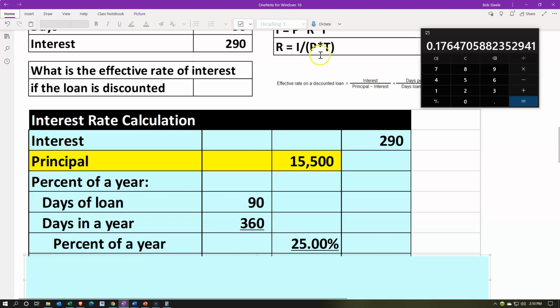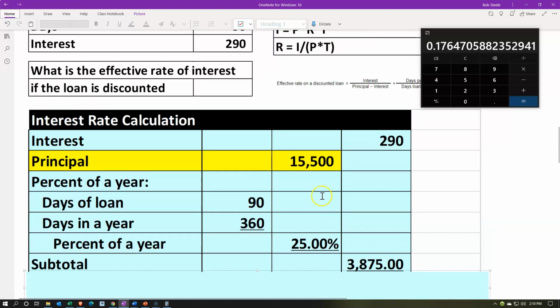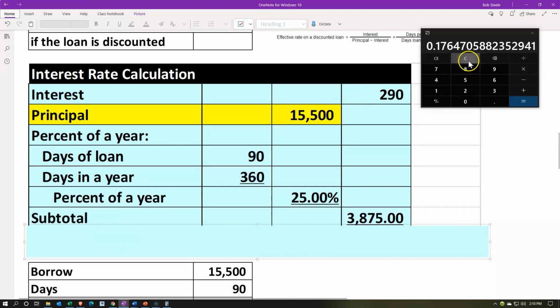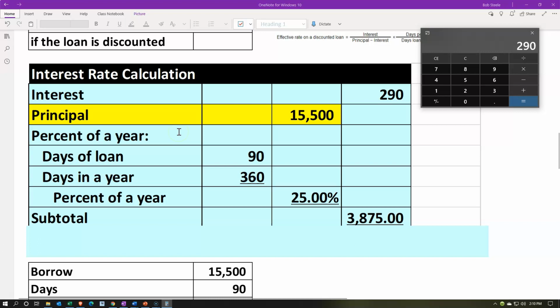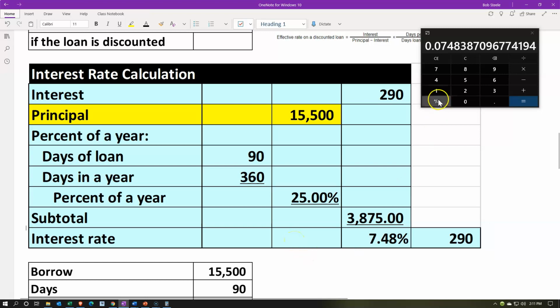So now we're going to take P times T. So P times T, 15,500 times 25% gives us the subtotal 3,875. And now we can take the interest divided by that subtotal, and that'll be 290 divided by the 3,875. And that's going to be about 7.48%, if I move the decimal over.